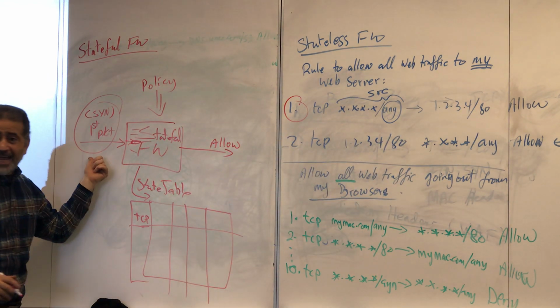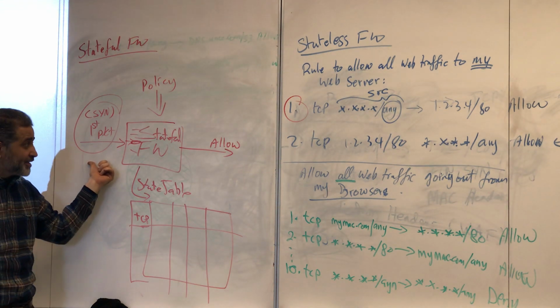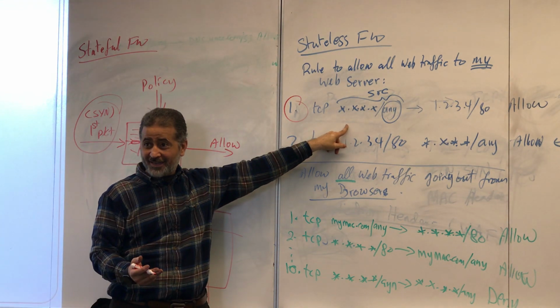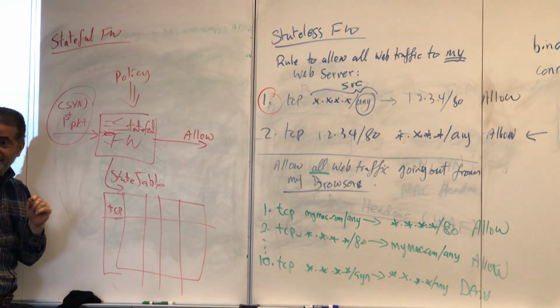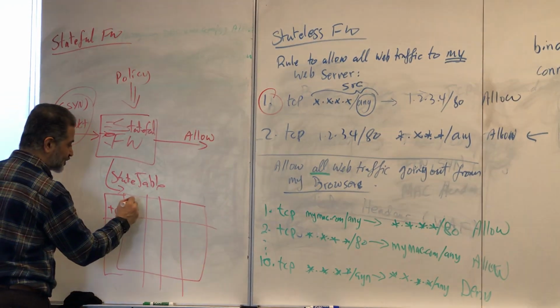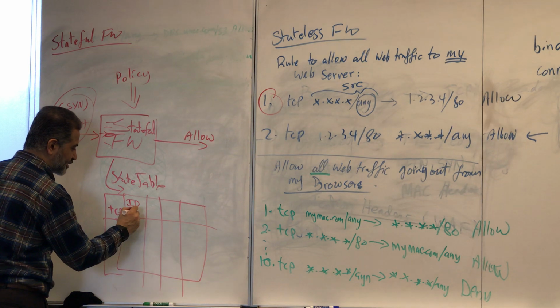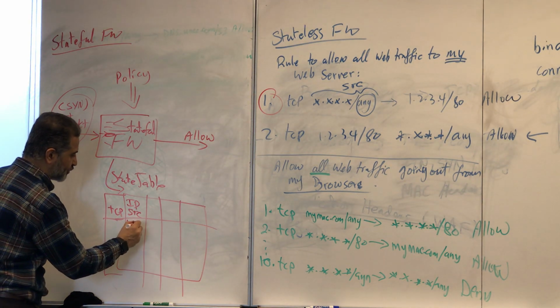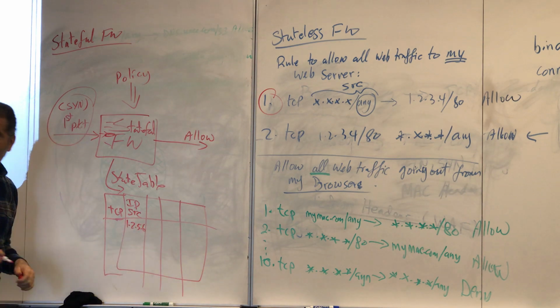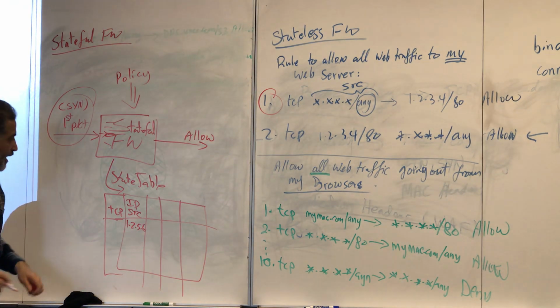But the packet coming in has a very specific IP address. It's not going to have star, star, star, right? So you're going to record here the exact source IP, maybe 1, 2, 5, 6.